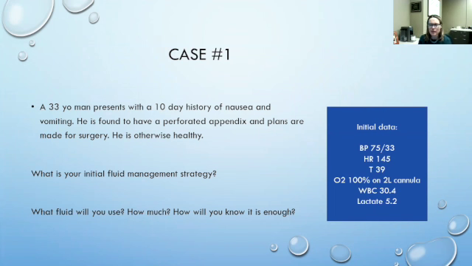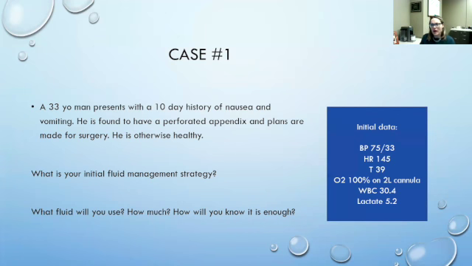He has a perforated appendix, he could have sepsis. He could have a metabolic acidosis, and probably does, because his lactate is elevated. So it has probably progressed for so long that he actually has an anion gap metabolic acidosis.